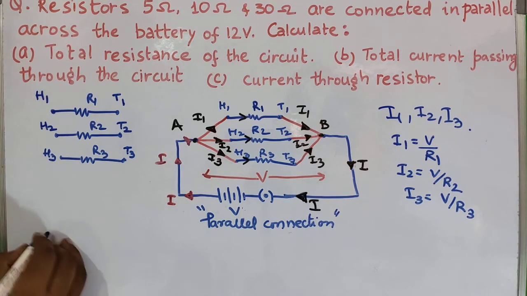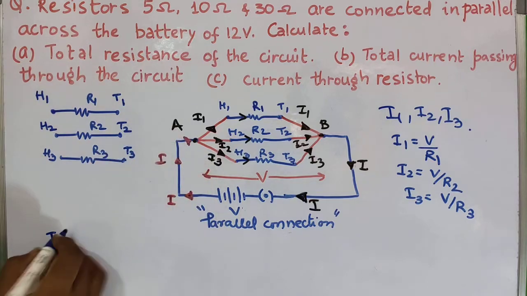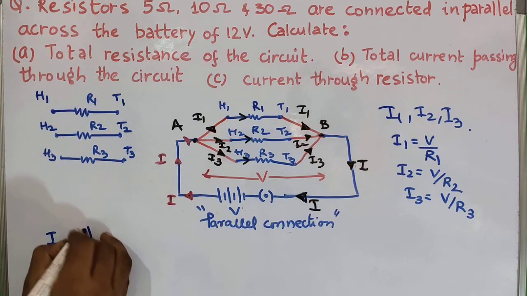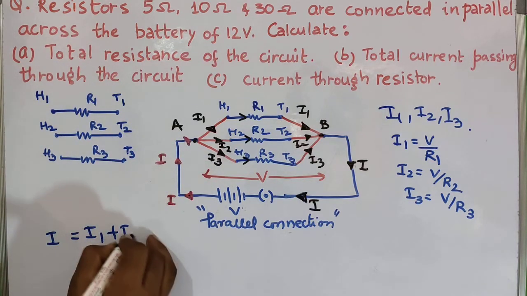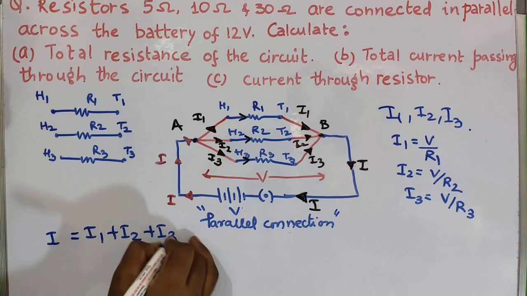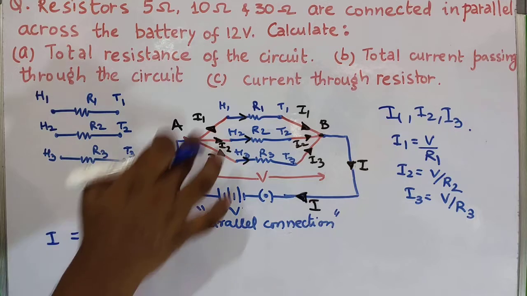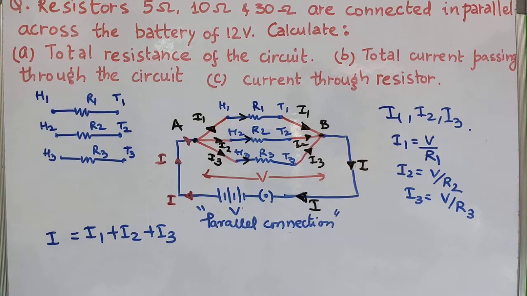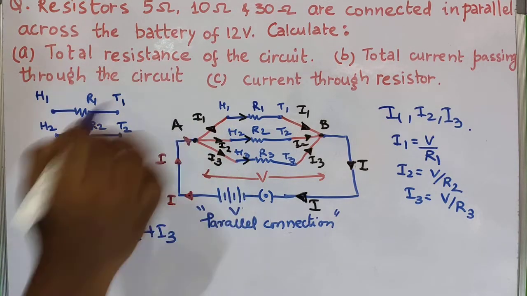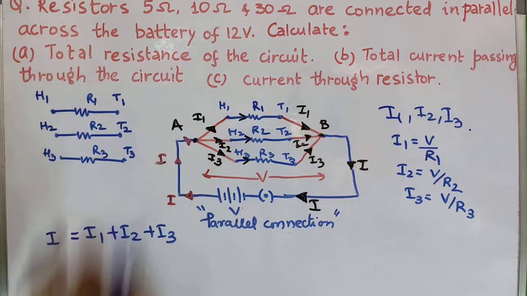That is, the whole current I is equal to I1 plus I2 plus I3, because the sum of I1, I2, I3 will be I. At junction A, it is getting divided into the three currents.